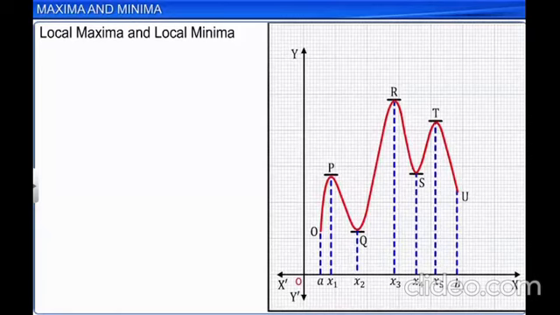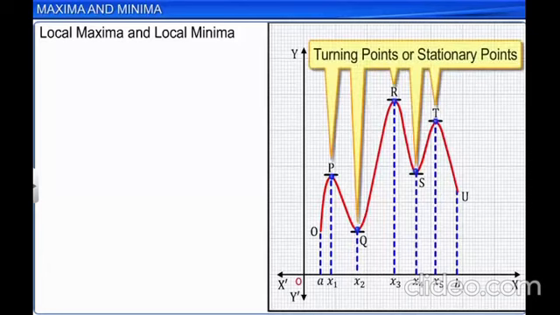Observe that the curve of the function is increasing from point O to P, Q to R, and S to T, whereas it is decreasing from P to Q, R to S, and T to U. The points at which the nature of the function is changing from increasing to decreasing or from decreasing to increasing, that is, points P, Q, R, S, and T, are known as the turning points or stationary points of the given function.